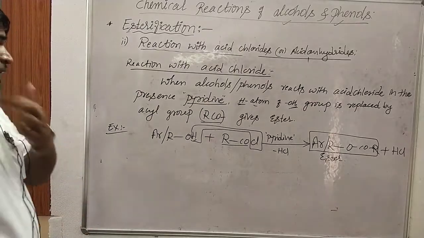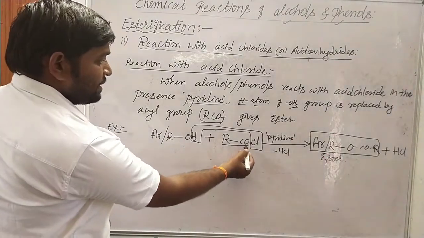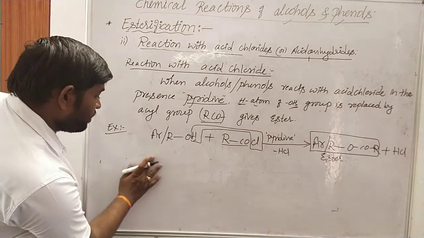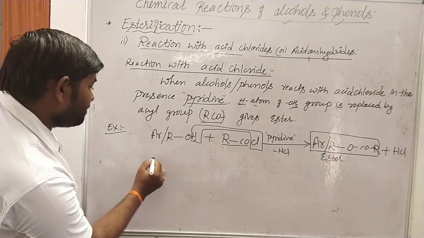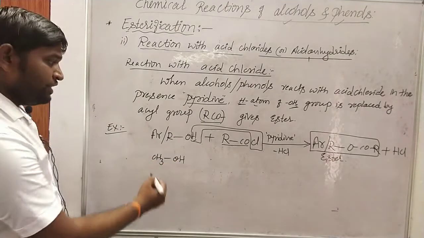Similarly, you may consider any other acyl group. Particularly, you may consider R replaced by CH3, so CH3OH is methanol.